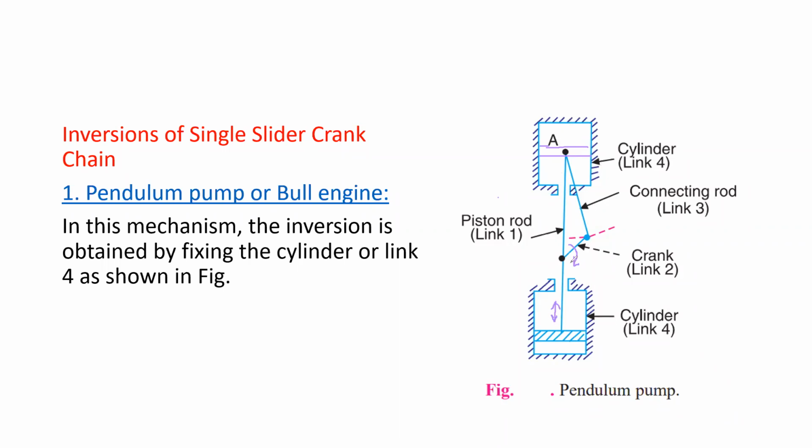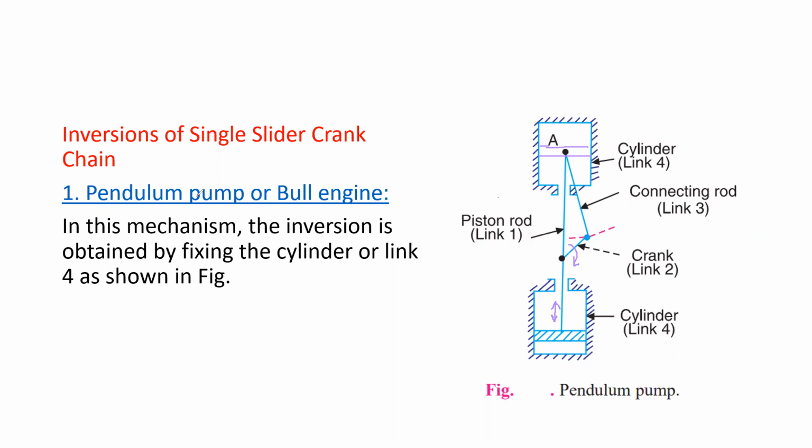Such a mechanism is called a pendulum pump or bull engine. Okay, and it is used to supply the feed water in boilers. This crank will be driven with the help of some engine, or with the help of electricity. And this rod will reciprocate here, and it will supply the water to the boiler with the help of pumping action.